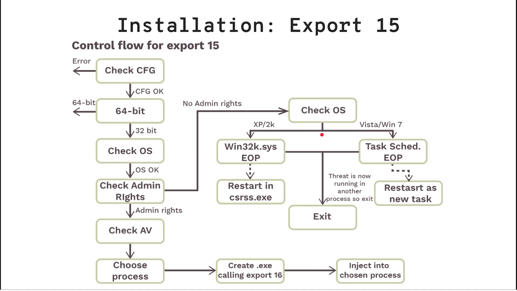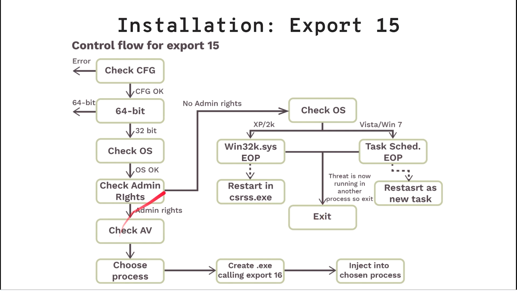So after the OS was checked, a different vulnerability would be employed, but they all result in the same thing: Stuxnet running in a new process with elevated privileges, either as CSRSS or as a completely new task through this 0-day vulnerability here. And then the previous process will just exit.